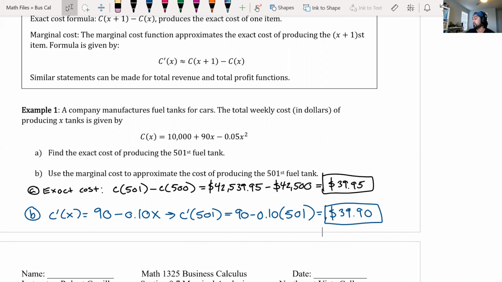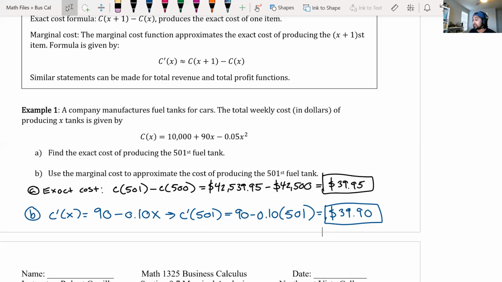So what's the purpose of a marginal cost? Remember that all of this is about the derivative. So exact cost is saying, hey, this 501st fuel tank is $39.95. But what marginal cost is saying is, since it's a derivative, we have to think in terms of slope.